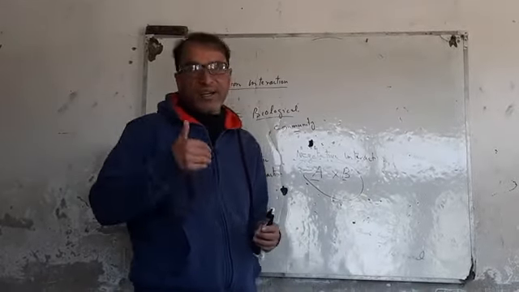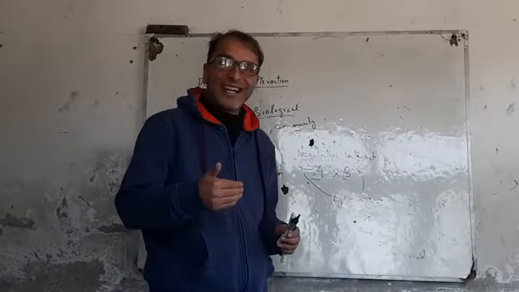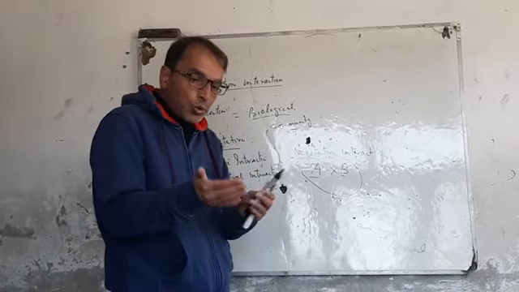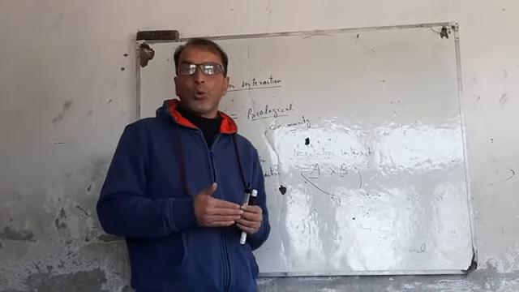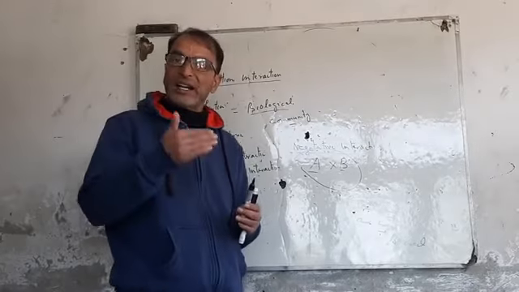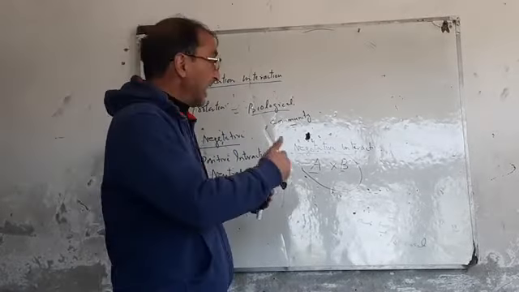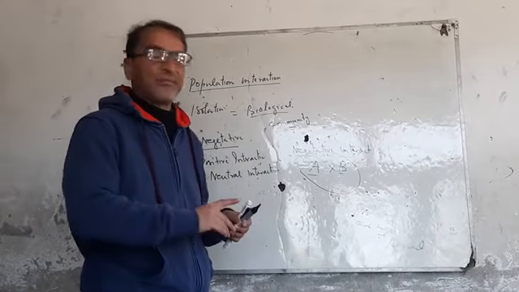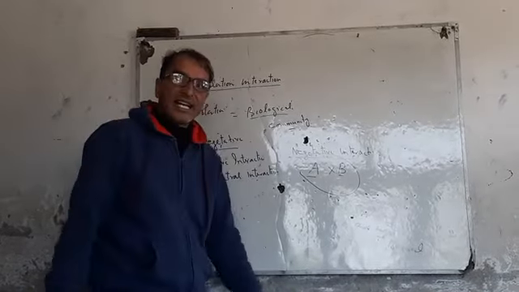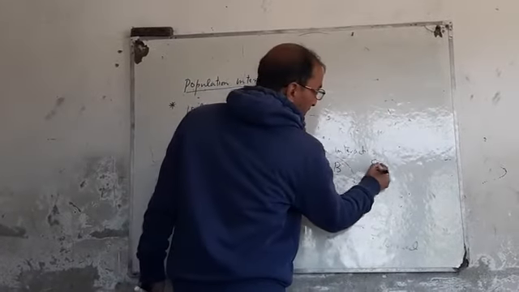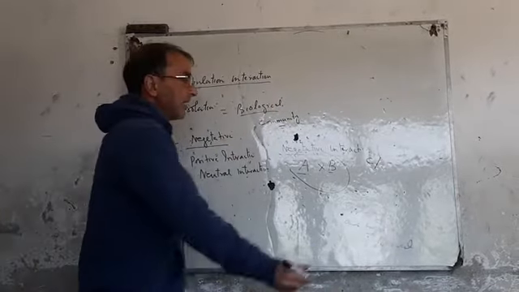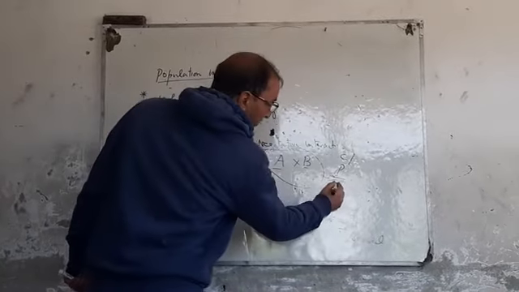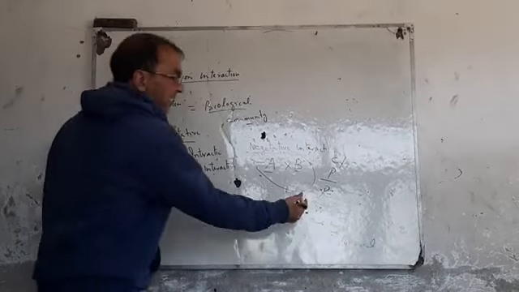In simpler words, negative interaction is a type of interaction in which out of two interacting species, one is harmed. At least one is harmed. The other may or may not be benefited. Examples of negative interactions are competition, number one, predation, number two, parasitism, number three, and amensalism.